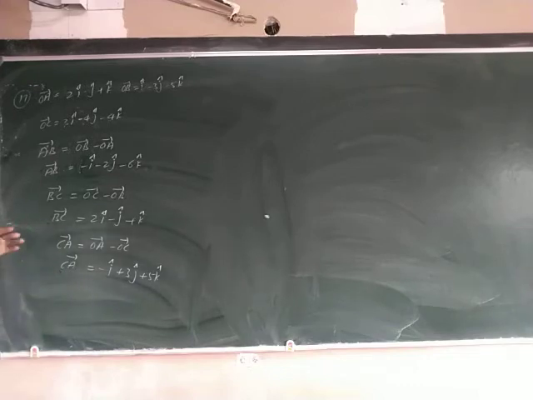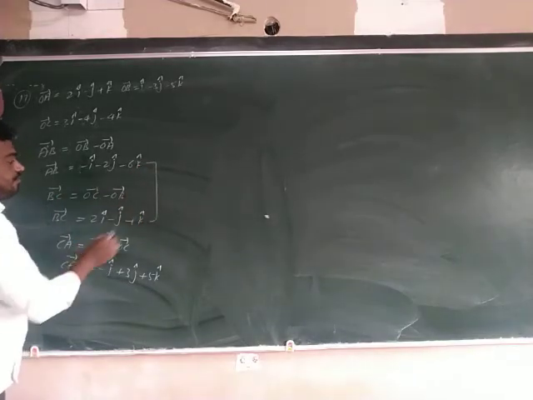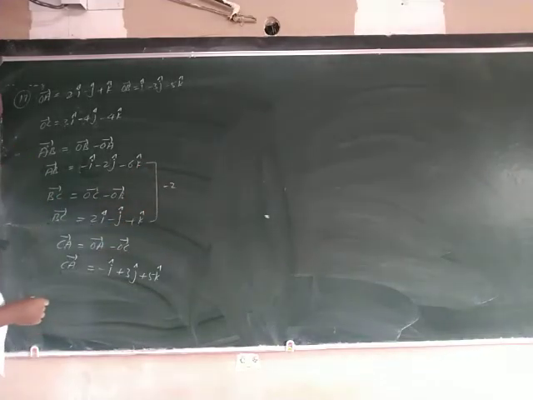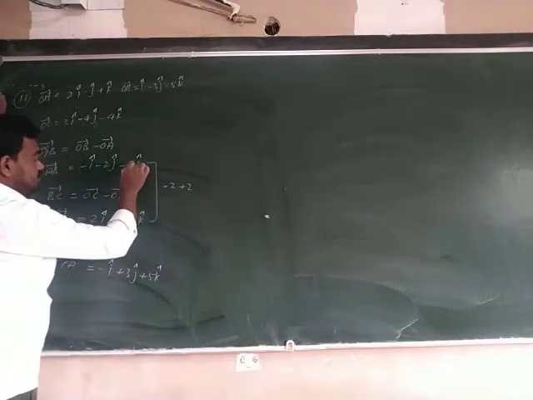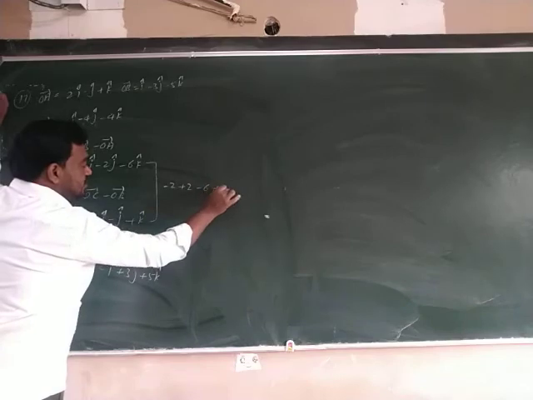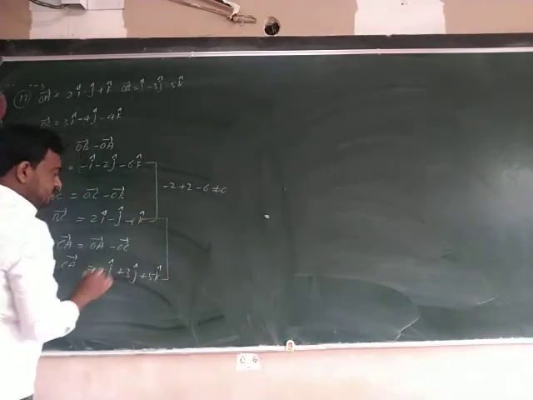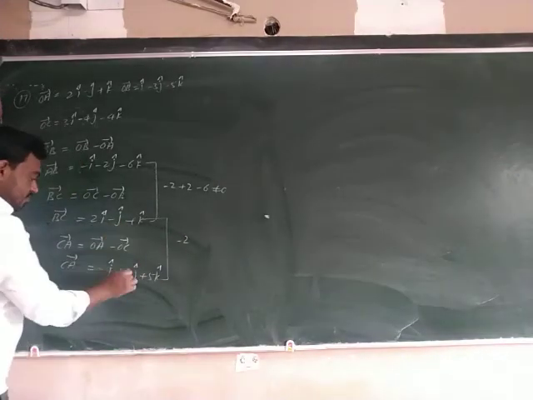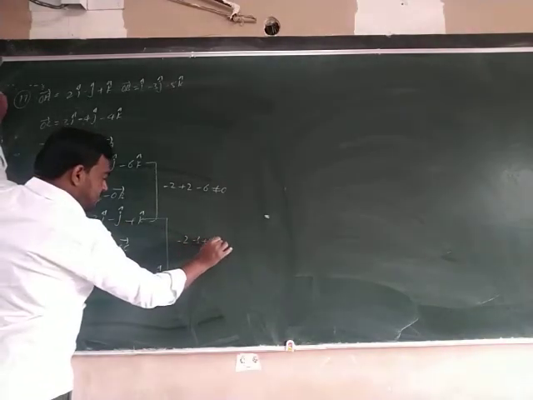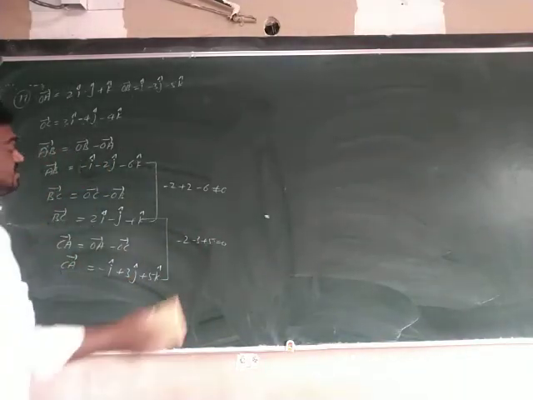Taking AB and BC, the product is minus 2 plus 2 minus 6, so this is not equal to 0. If you take BC and CA, it is minus 2 minus 3 plus 5, so it is 0. That means BC dot CA is 0.